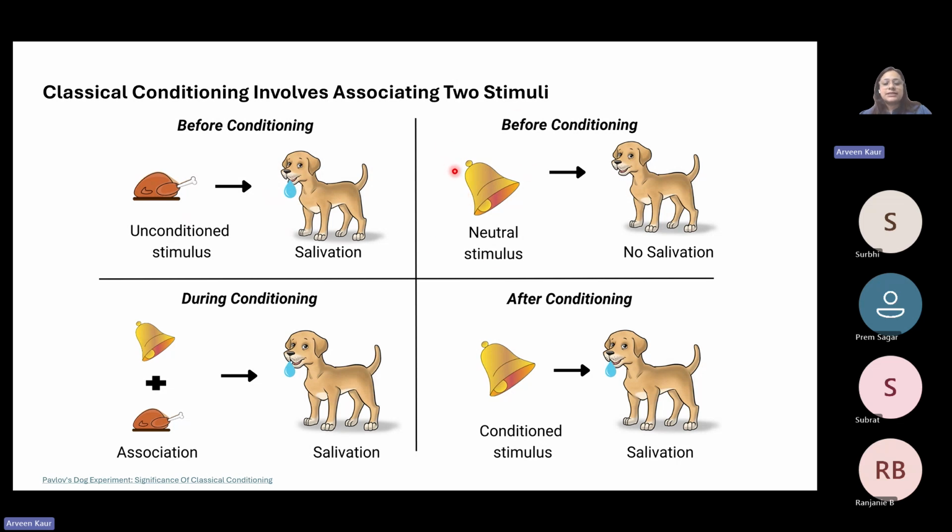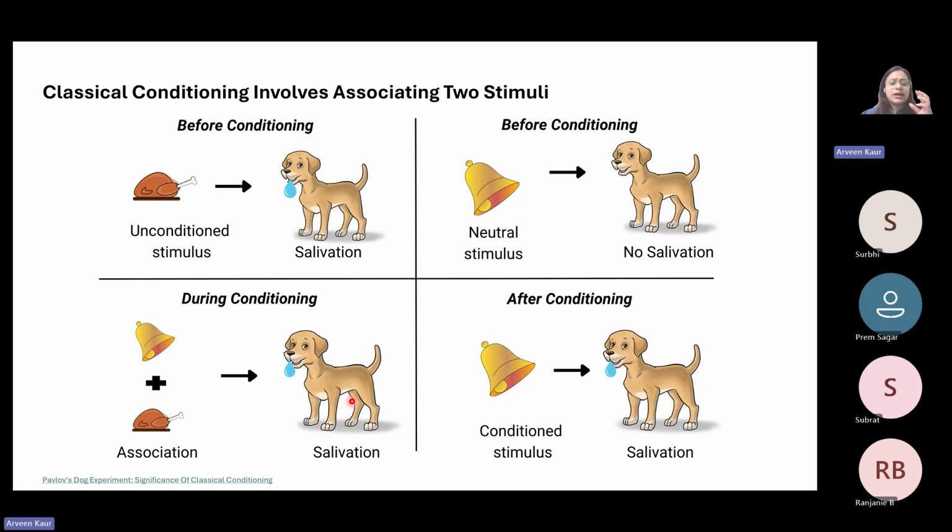In this case, it was a bell. Before conditioning, when it was rung in front of the dog, there was no effect that was seen, right? During conditioning, what happened was that for a few consecutive days or for a few consecutive meals, Pavlov showed the dog its meal. Along with that, simultaneously he would always ring the bell, right?